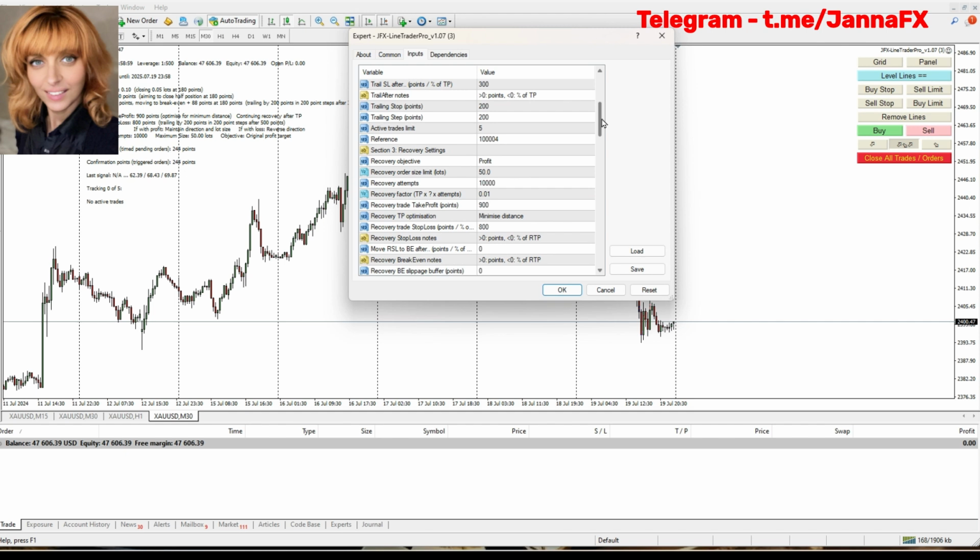So here in the settings I have the active trades limit, and I put a maximum of 5, because last time I tried it, I did not put any limits, and I don't think the feature was even in it.